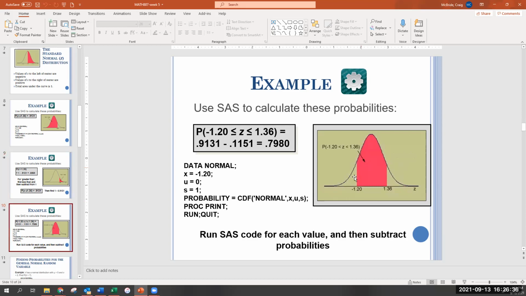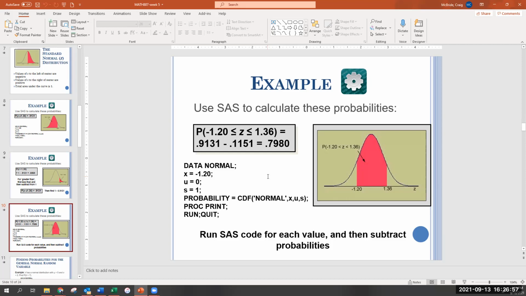With in between, when you run the CDF, it gives you area below, but it gives you all this junk in the tail that you don't need. So you run the CDF on the lower end, which gives you the tail area, and if you subtract that from your first answer, it gives you the in-between.